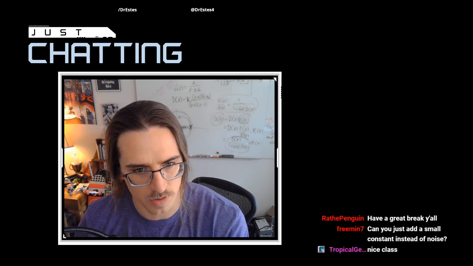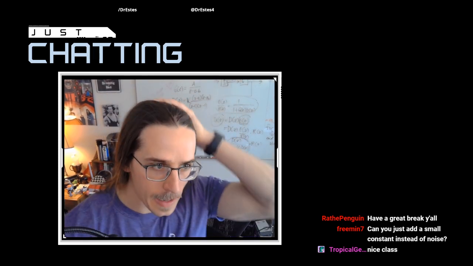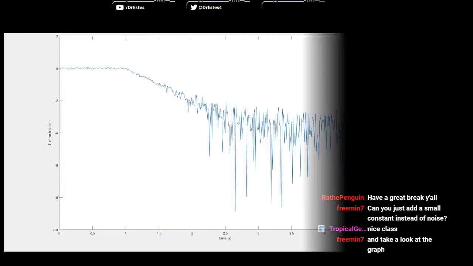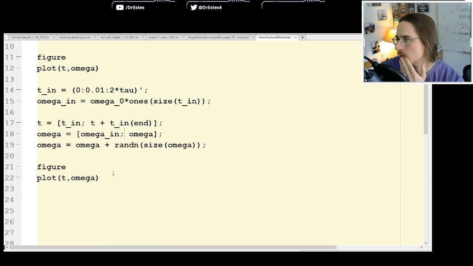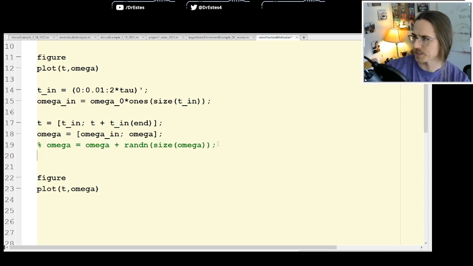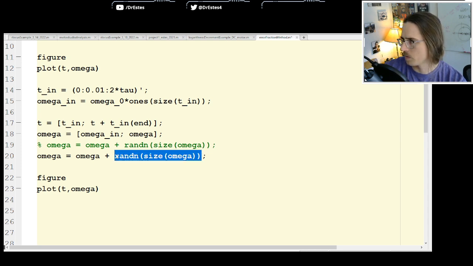Tropical Geek: Can I just add a small constant instead of noise, and take a look at the graph? Let's do it. Actually, I don't think adding a constant will be bad.